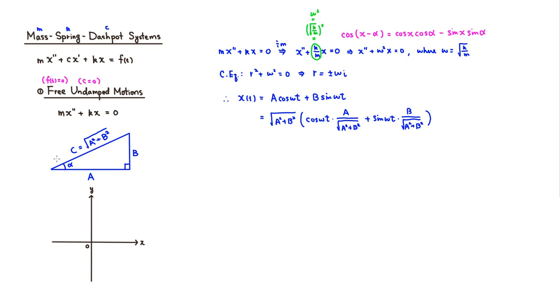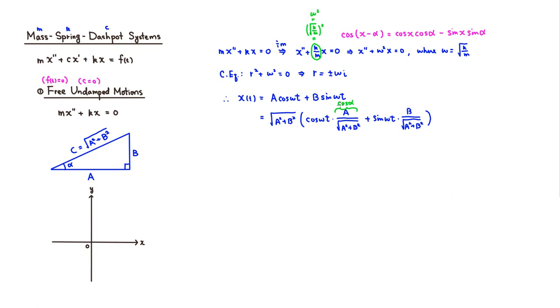Then a over the square root of a squared plus b squared is adjacent over hypotenuse, which is cosine of alpha.